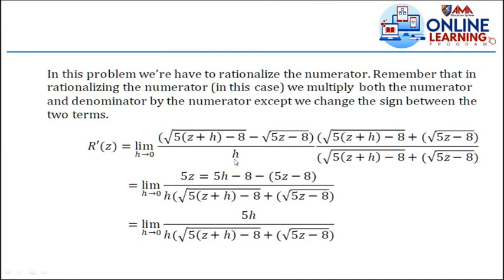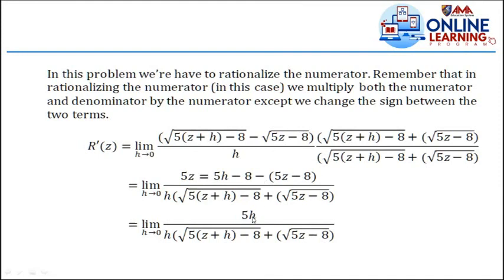So, next thing we're going to do is we're going to collect like terms, no? 5z minus 5z, we're going to cancel. 5h, wala siyang kasama, walang problema. Minus 8, plus 8, we're going to cancel. What's left will be 5h po siya. Yung denominator po natin, siya pa rin po siya. Walang pagbabago. Ang sinimplify lang natin, yung numerator.